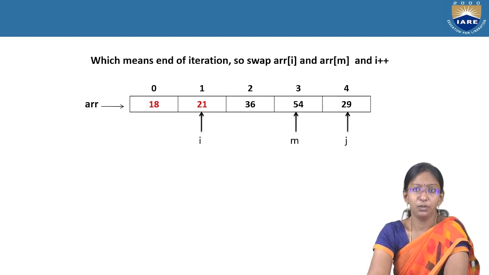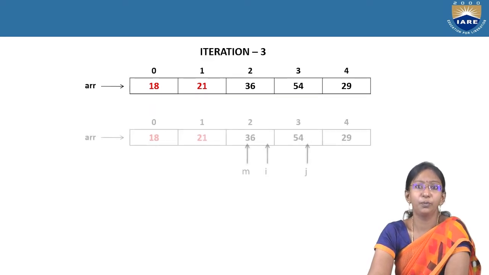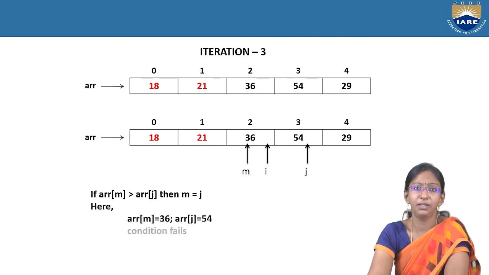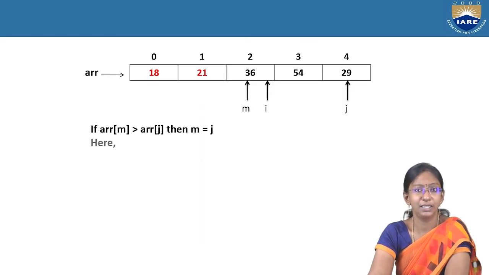Coming to the third one. I and M are going to point to index 2 and J is going to point to index value 3. Now compare the content. Is 36 greater than 54? No. Increment J. Now J is going to point to 29. Is 36 greater than 29? Yes.